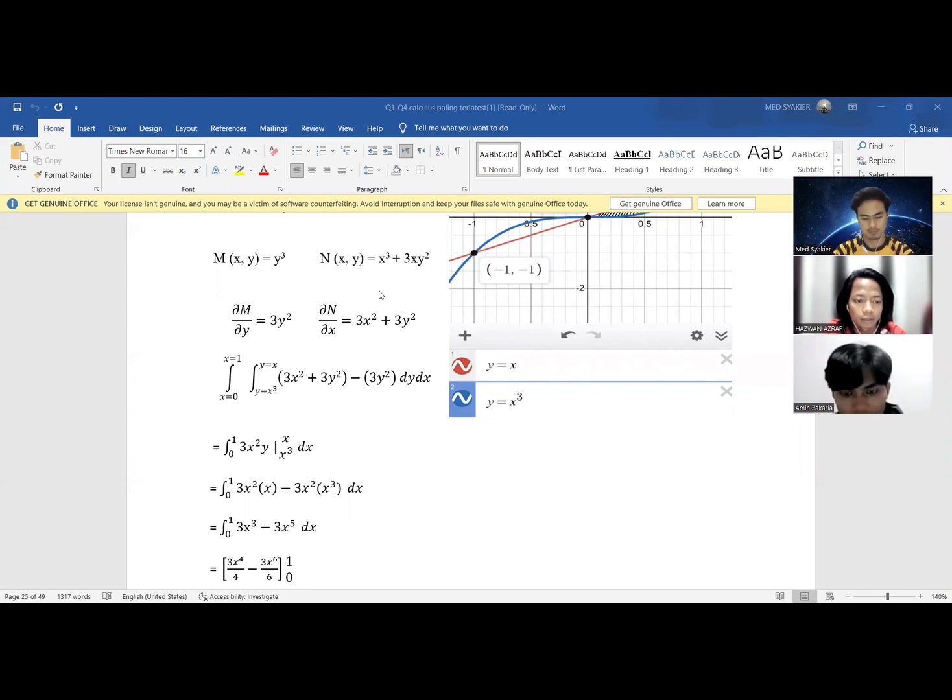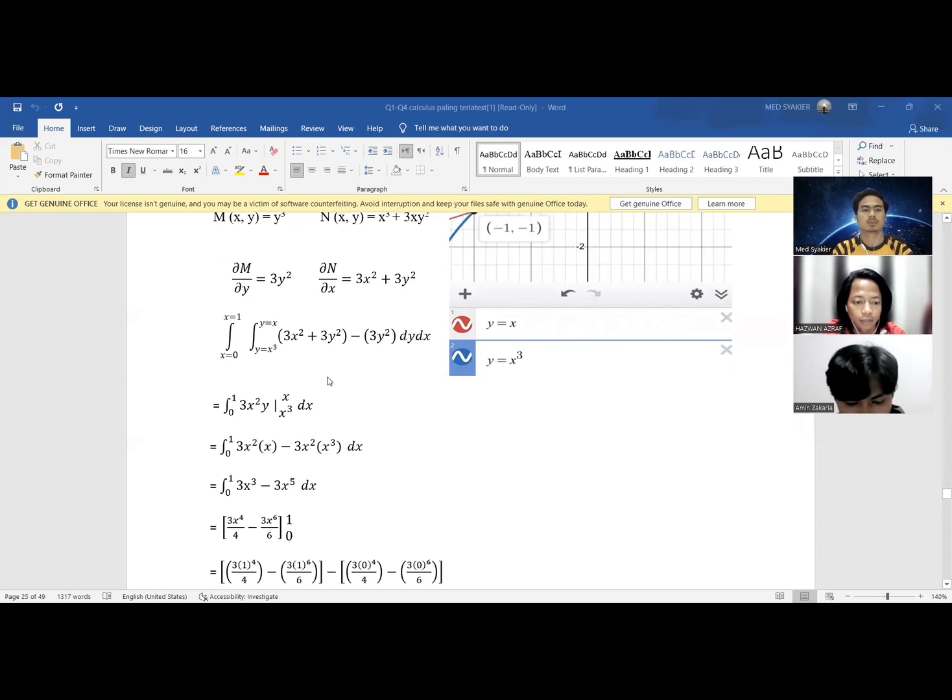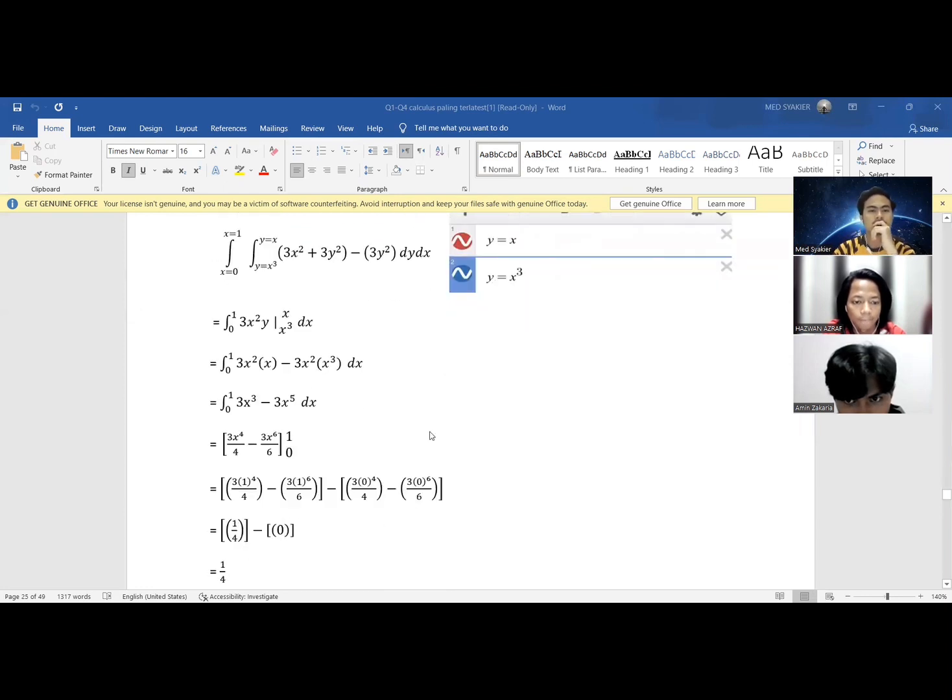For the double integral, x goes from 0 to 1, and y goes from x cubed to x, of the bracket 3x squared plus 3y squared minus 3y squared, dy dx. We cancel out the 3y squared, so we get 3x squared y.